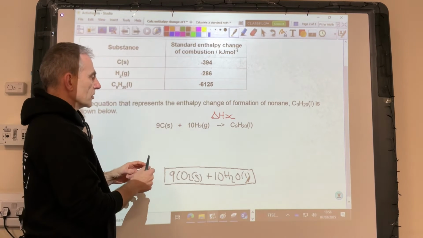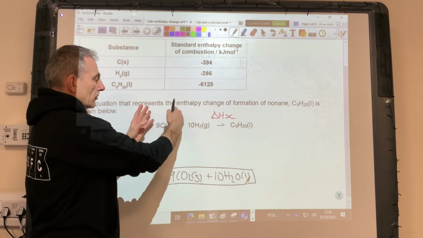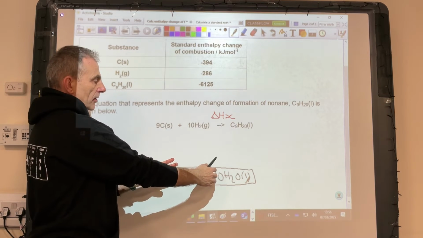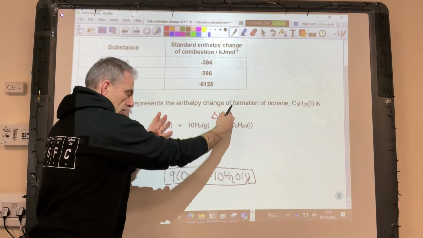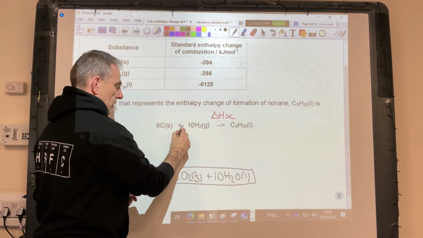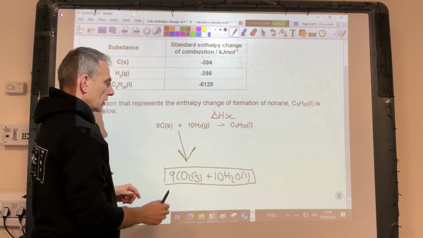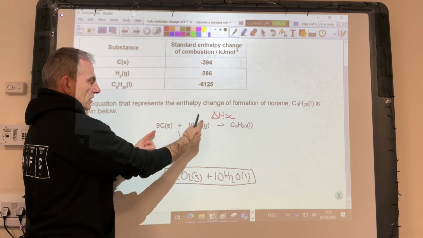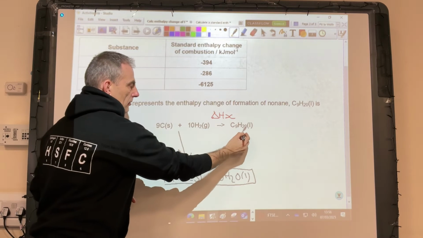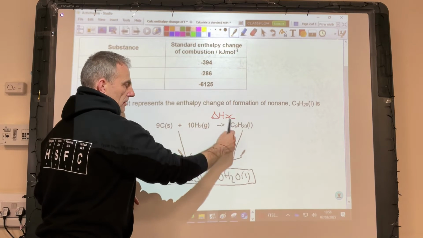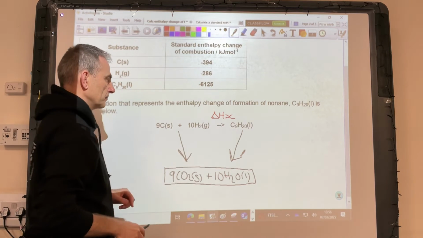Because we're doing combustions, the arrows in the cycle are going to point down from the substances to the combustion products. I'm going to have one arrow on the left-hand side to represent the combustion of these, and one arrow on the right to represent the combustion of that.